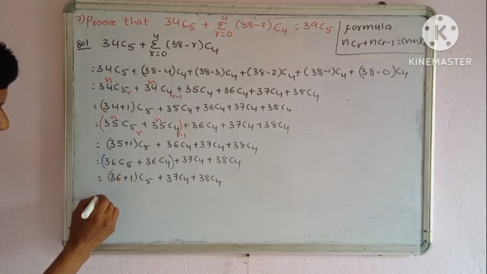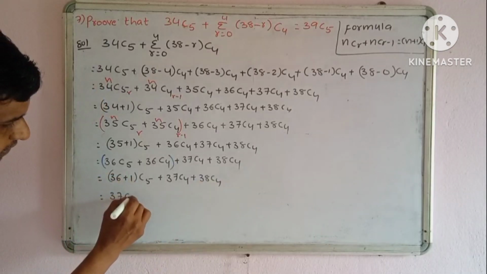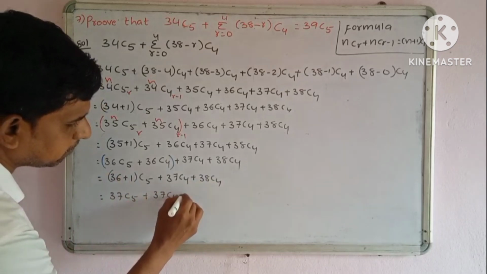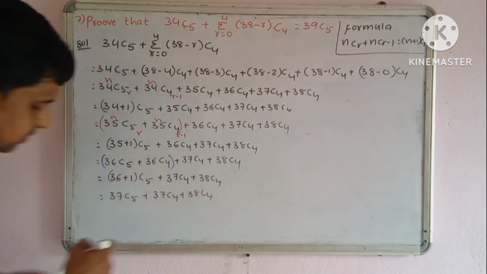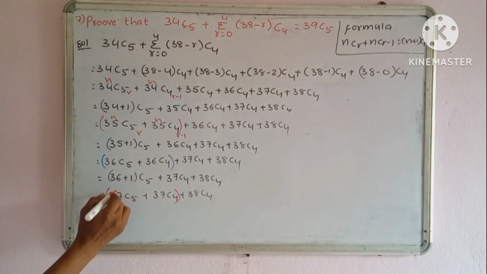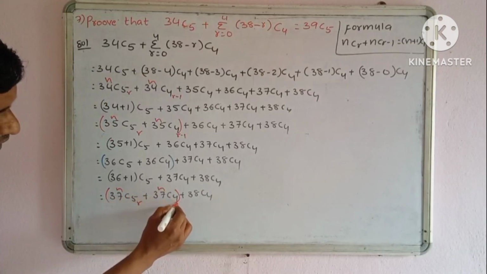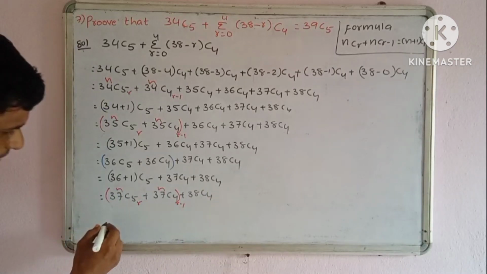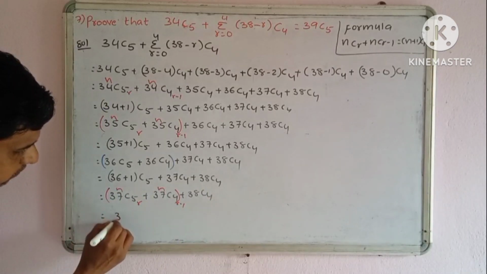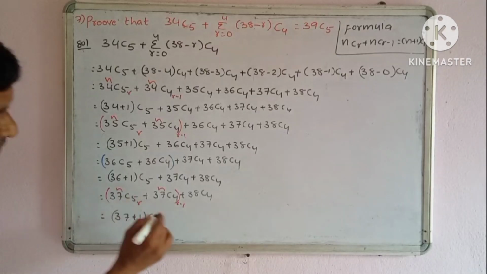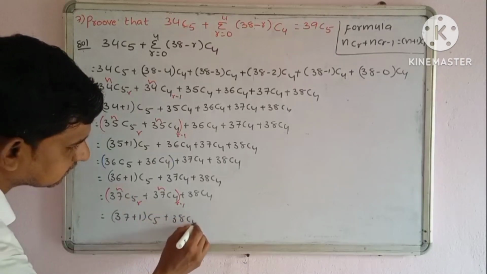See, 36 plus 1 is 37C5 plus 37C4 plus 38C4. Keep brackets for these two terms. Again nCr minus 1, so 5 minus 1 is 4. So n plus 1 Cr: 37 plus 1 C r, r is 5, plus 38C4.